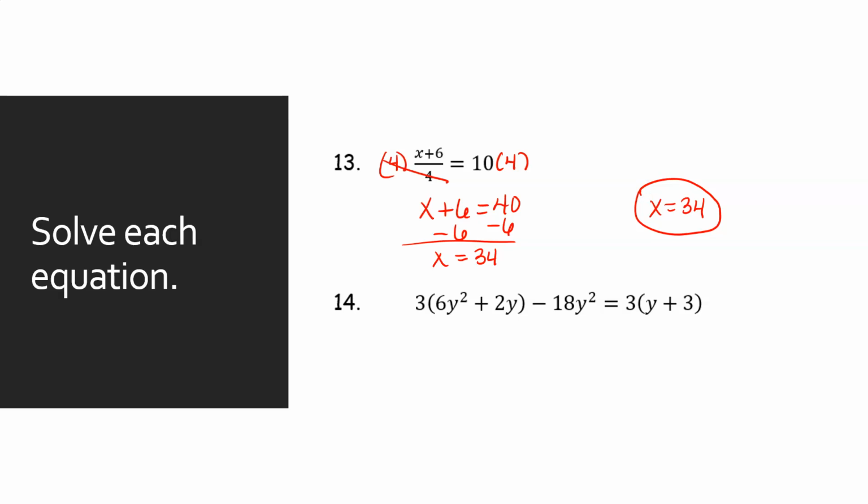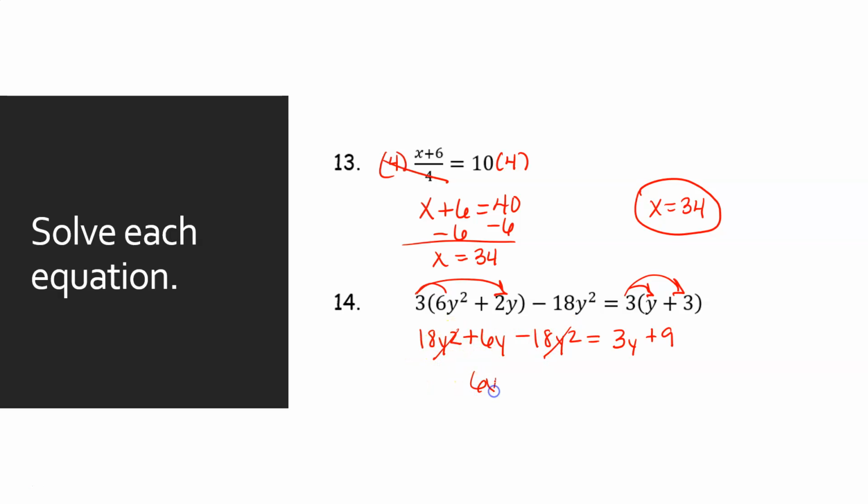Okay, lots going on with number 14. So let's just distribute and see what happens. 3 times 6y squared is 18y squared. 3 times 2y is 6y, minus 18y squared, equals 3 times y, which is 3y, 3 times 3, which is 9. So we may think we don't know how to do this, but these will cancel each other out.